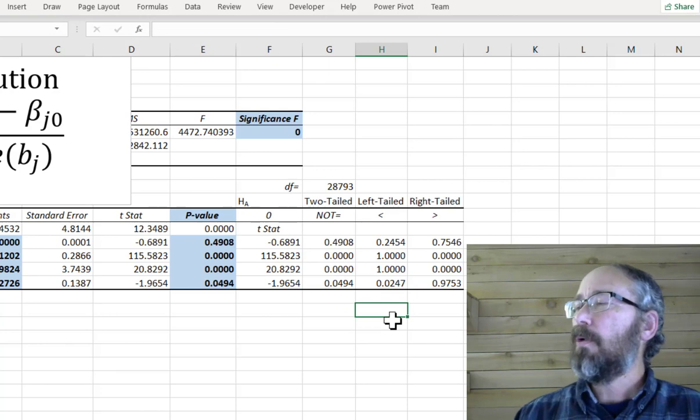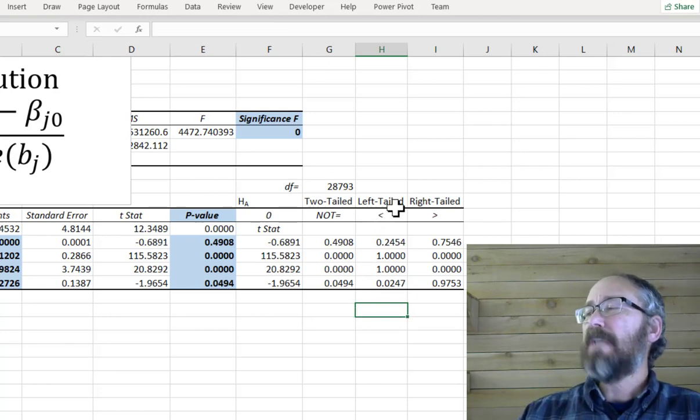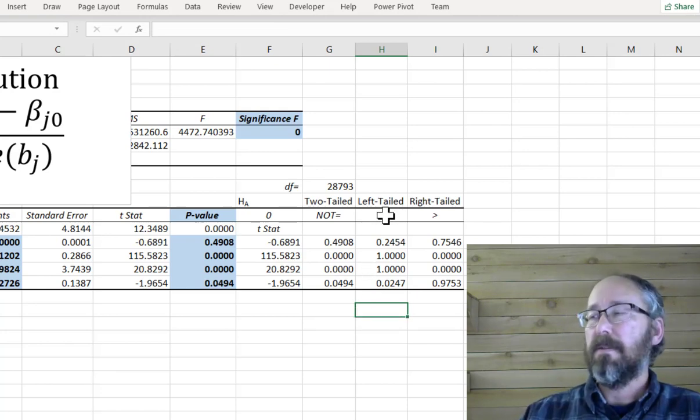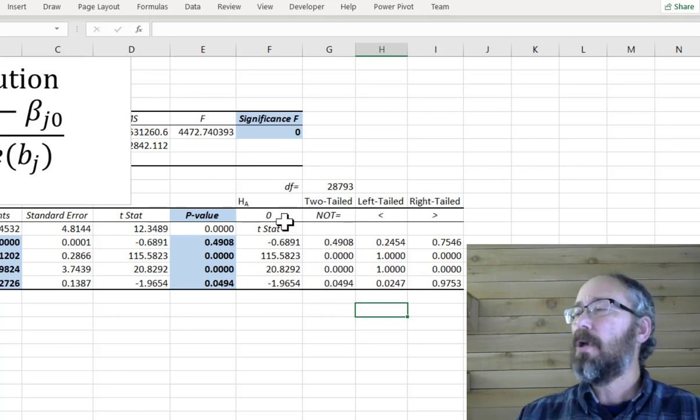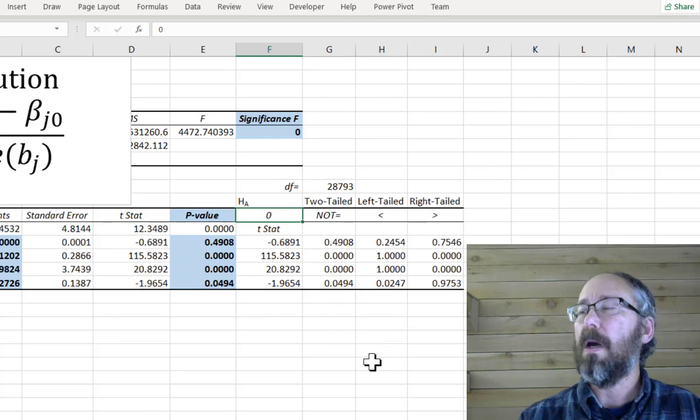Okay, so now remember the left-tailed, we're saying that it's less than, and in the right-tailed, we're saying that it's greater than. So let's pick a value of 1 here, and you can see what happens.